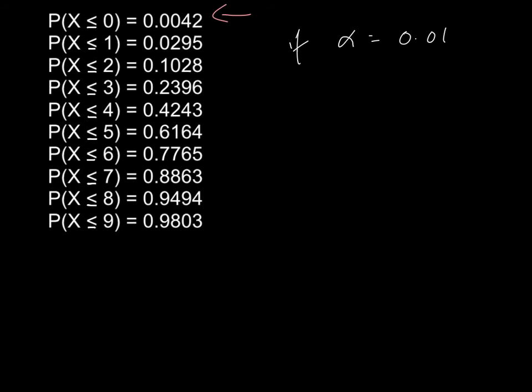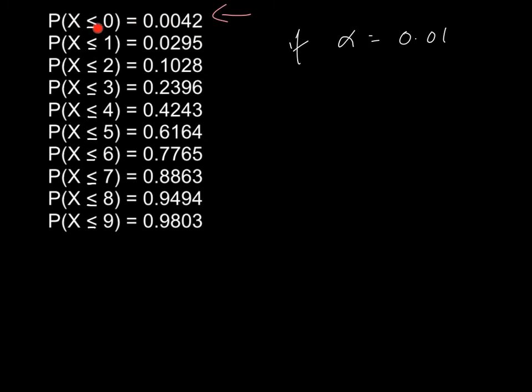This is the only one that's below a 1% chance of happening, because getting 1 or less happens 2.9% of the time, so that's not unlikely enough for us to say this dice is loaded.